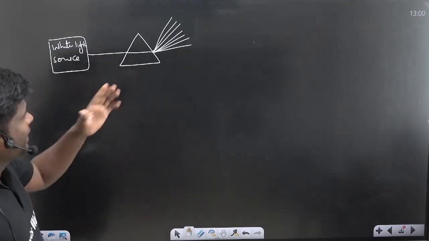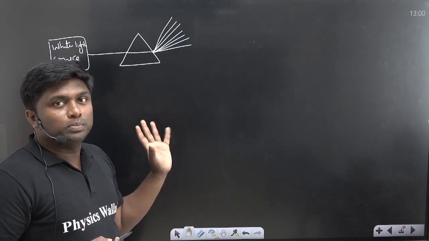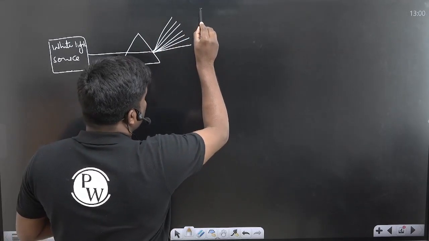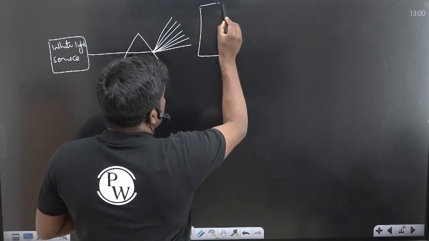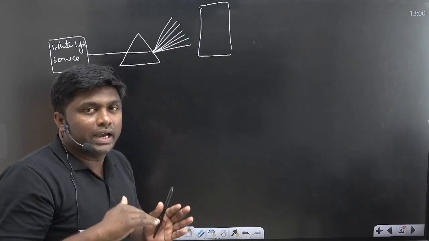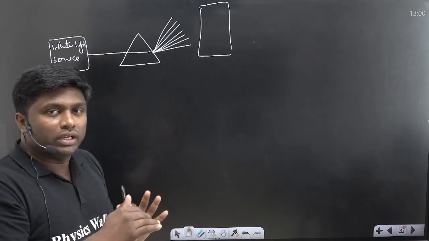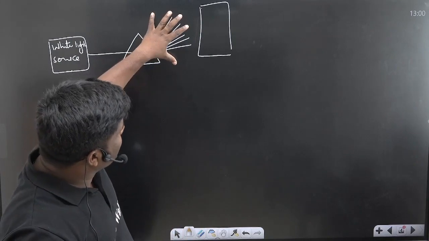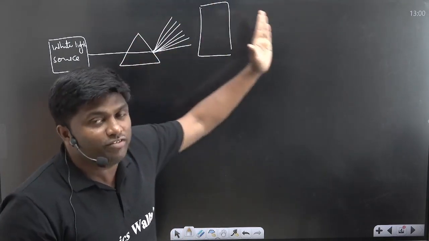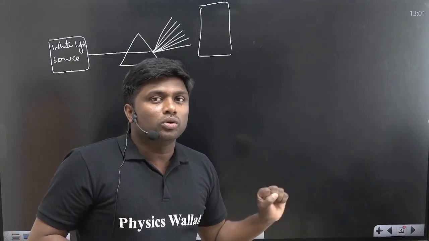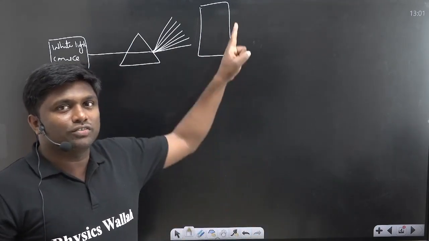So the light is deviated and split into 7 colors. If you keep one photographic plate here, these 7 different frequencies and different wavelengths will fall on the photographic plate, so that we are able to find 7 different colors on it.